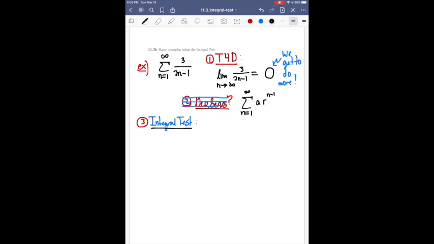And the first thing we do for the integral test is think about what the continuous version of our series function would look like. In other words, basically just swap out all of the n's for x's, swapping a discrete variable n for a continuous variable x.